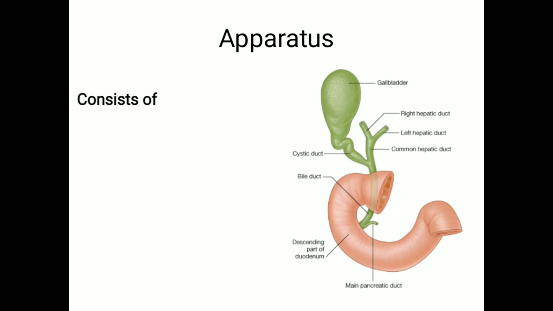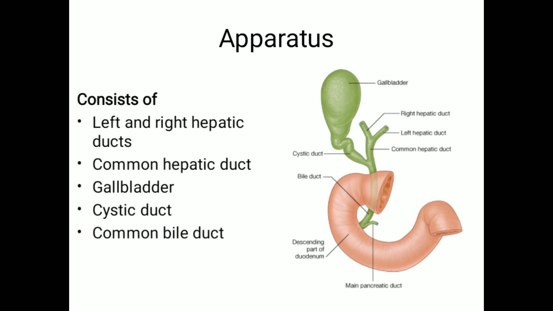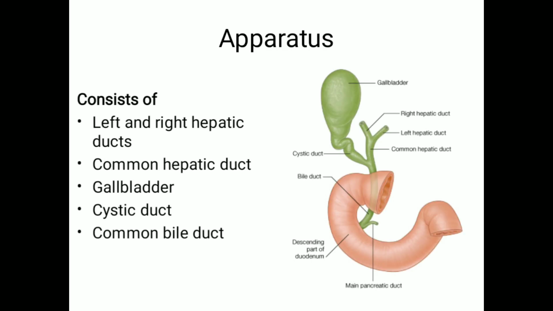What are the organs coming in the extrahepatic biliary apparatus? You can see here it consists of the right and the left hepatic ducts. The right and the left hepatic duct join together to form the common hepatic duct.